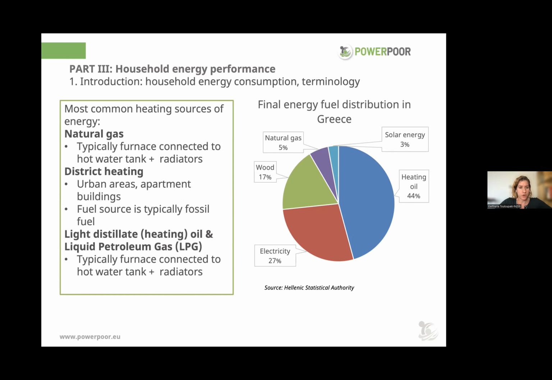Other sources of energy are natural gas, which is typically connected with a furnace connected to a hot water tank and radiators, or district heating, where it is available, where the fuel source is typically fossil fuel, or of course heating oil or LPG, again with a furnace connected to a hot water tank and radiators.